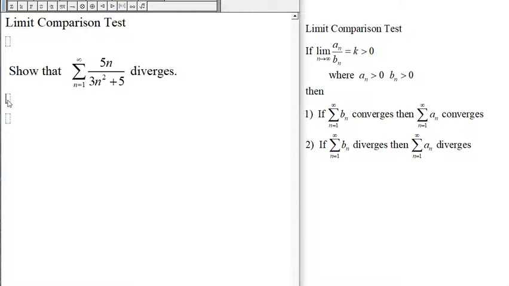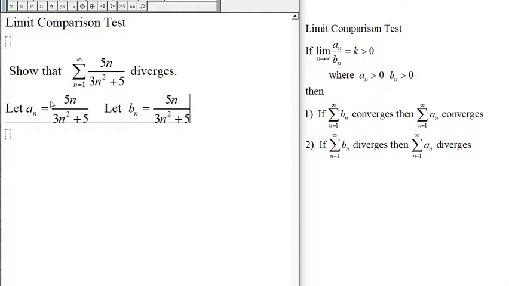And so first, let A sub n be the given sequence here. And then we can let the B sub n be something similar. And normally we can just drop the constant right here.